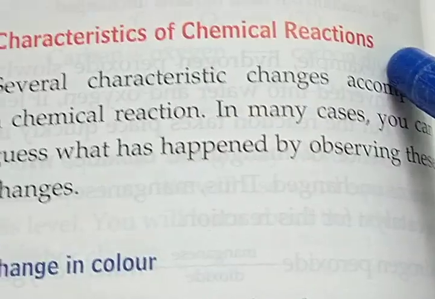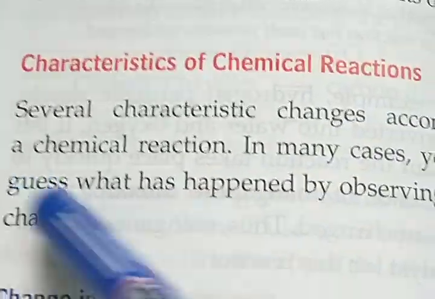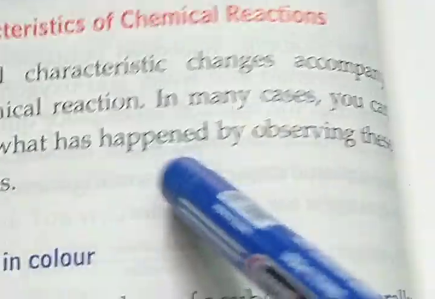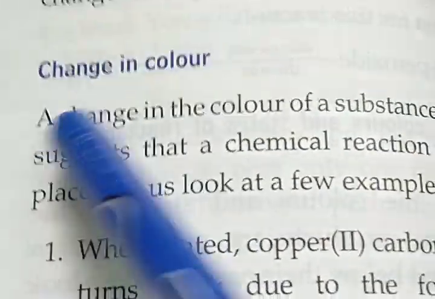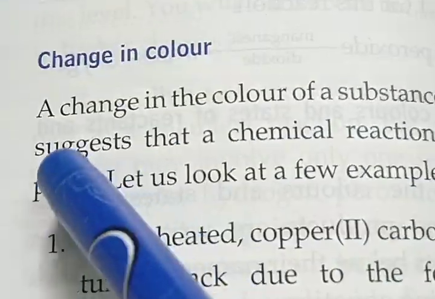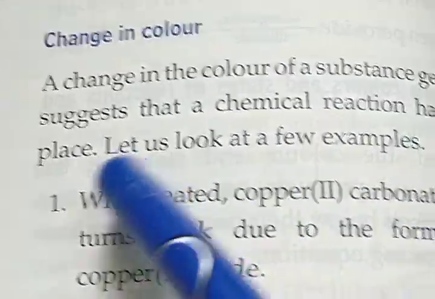Characteristics of a chemical reaction. Several characteristic changes accompany a chemical reaction. In many cases, you can guess what has happened by observing these changes. First of all, change in color. A change in the color of the substance generally suggests that a chemical reaction has taken place.